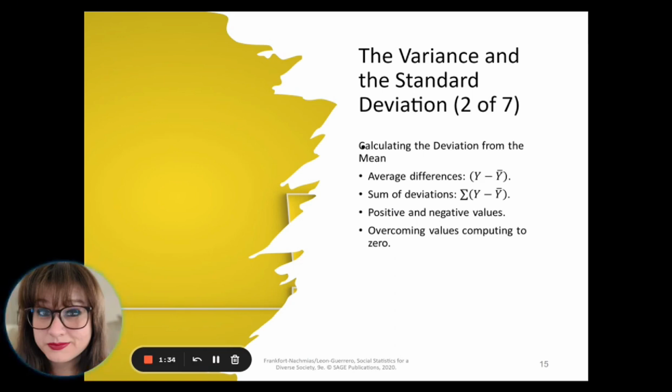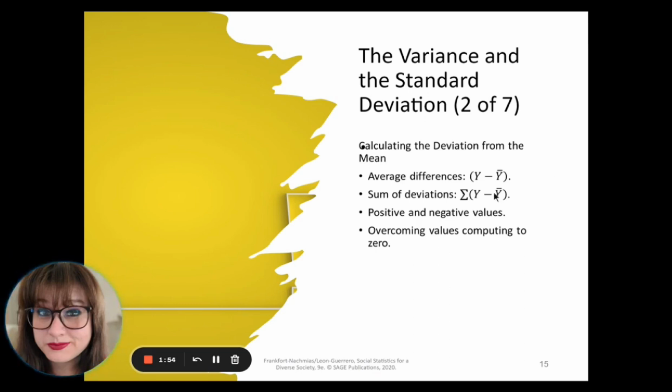One way for us to overcome that problem of zeros is by squaring the deviation. So the deviation times itself, and it gets rid of the negative sign. That is important mathematically, in terms of the calculations.